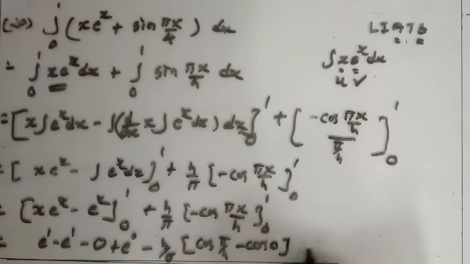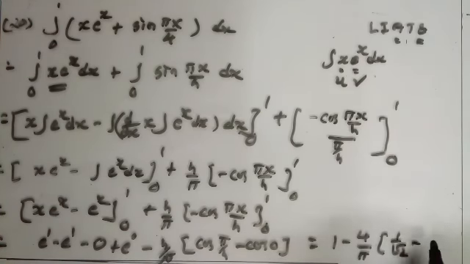So is equal to, here e raised to 1 minus e raised to 1 becomes 0, and this becomes e raised to 0, that is 1, minus 4 upon pi, cos pi by 4 is 1 upon root 2, minus cos 0 is 1.